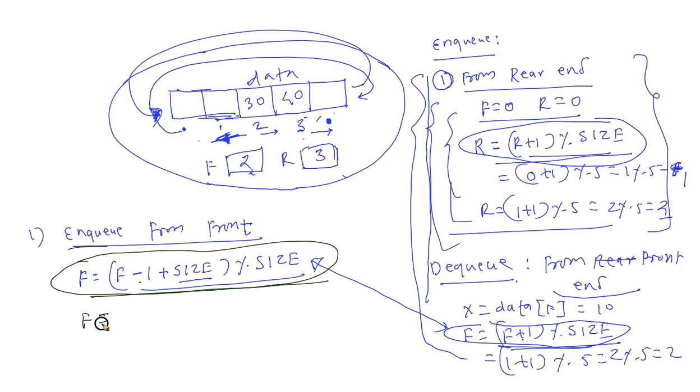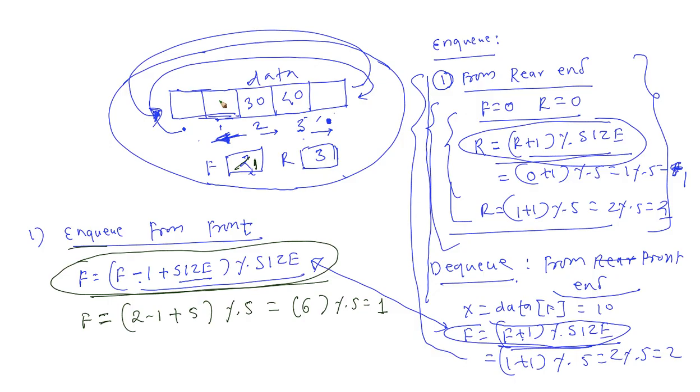So new f is equal to 2 minus 1 plus size, size is 5, mod 5. 2 minus 1 is 1, 1 plus 5 is 6, mod 5 is 1, right? When I divide 6 by 5, quotient is 1, remainder is also 1. So f becomes 1, and then I'll insert on that location.